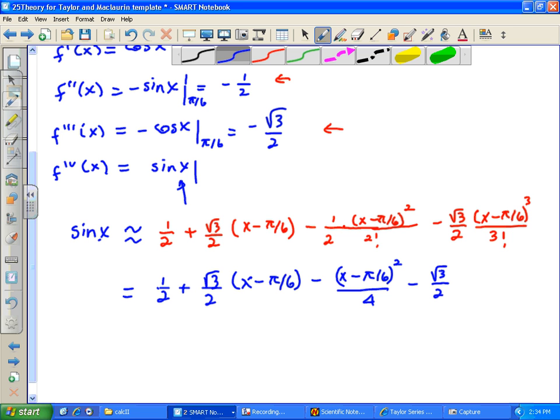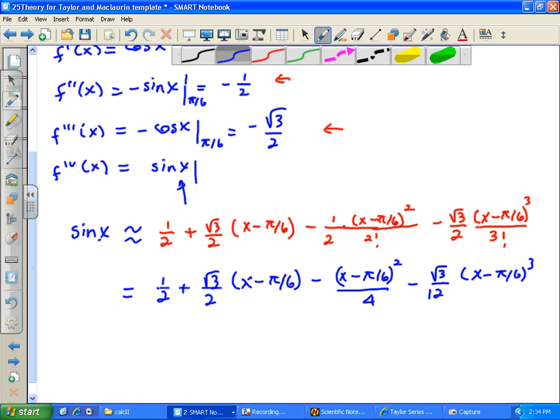Actually, I was going to simplify that. 3 factorial is 6. 6 times 2 is 12. That is my easy fix. Radical 3 divided by 12 times x minus pi over 6 to the third power.